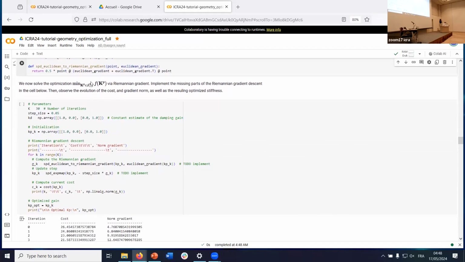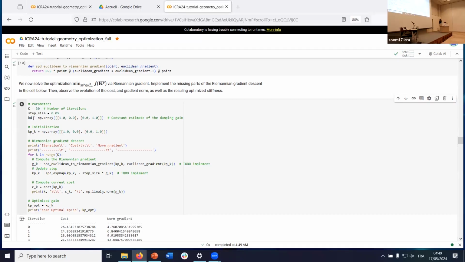Then we solve this optimization via Riemannian gradient descent. So here what we do is that we set a number of iterations, here I set 30, and a step size, here 0.05. You can play around with that also to see how the algorithm behaves. And in that case, to have a simpler optimization problem, I give actually a constant estimate of the damping gain.